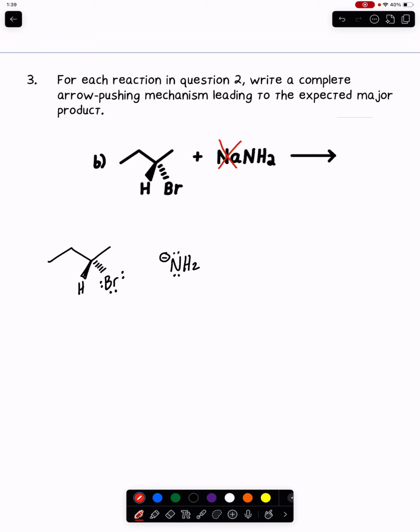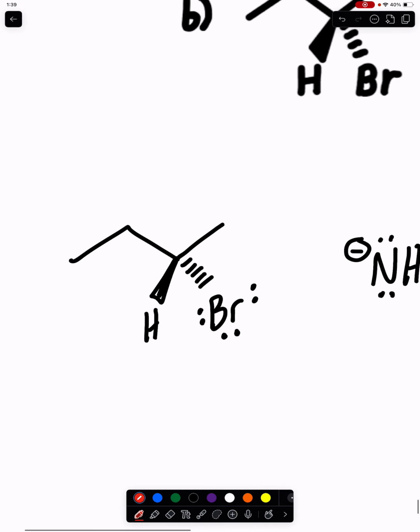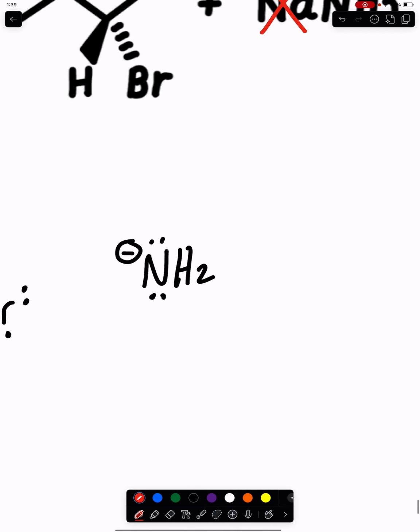We have to remember that this carbon, which I'm dotting in red, is the electrophilic carbon. That is the carbon with the buildup of positive charge. Because the bromine is more electronegative, it is pulling electron density away from that red carbon, which means that red carbon, being positively charged, is susceptible to attack by things with negative charge, things like a nucleophile.